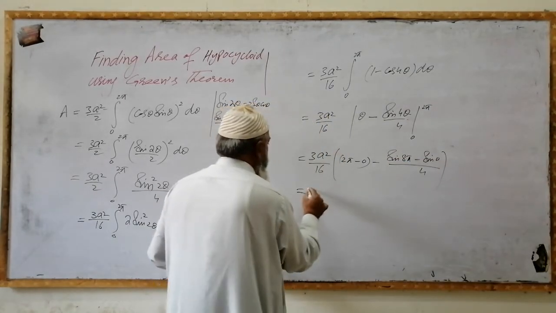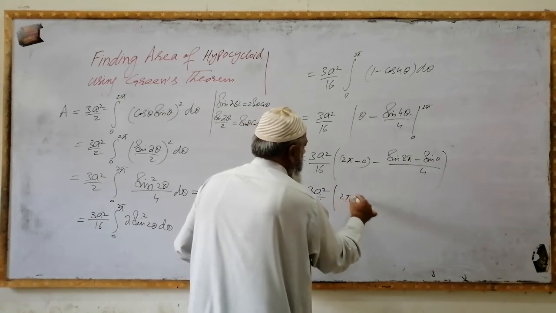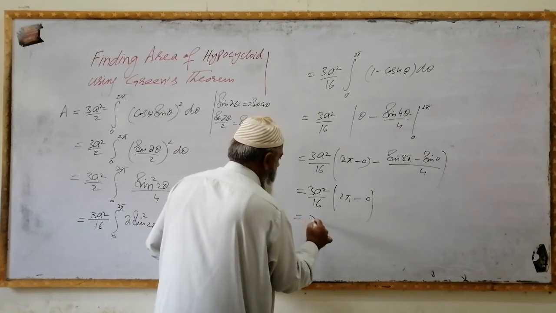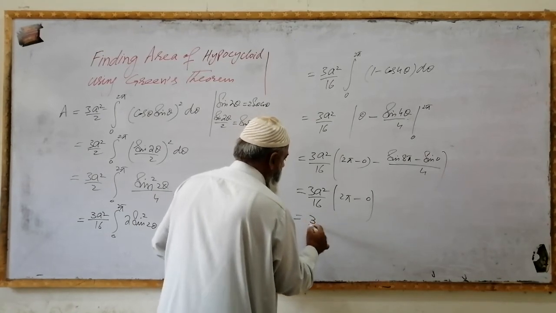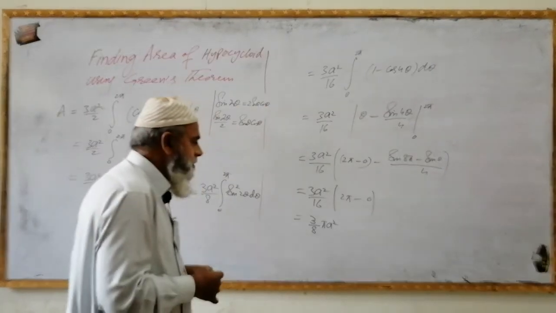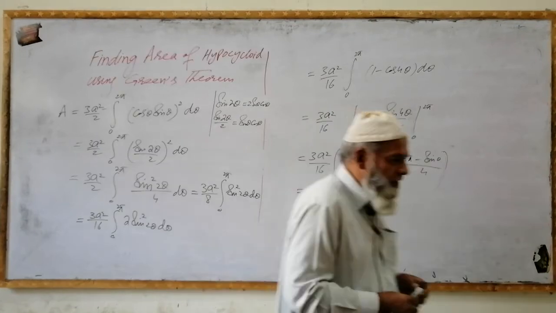And ultimately we will have 3a square over 16, 2 pi minus 0. And this will be 3 by 8 pi a square. 3 by 8, obviously 2 will cancel 16, giving you 3 by 8.